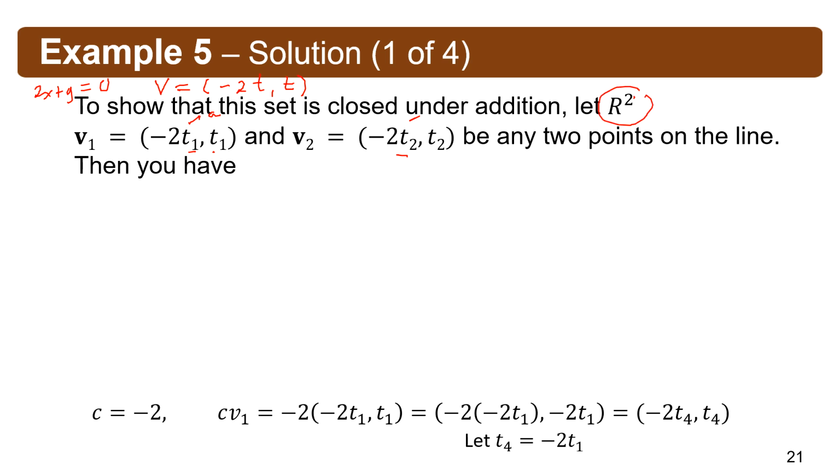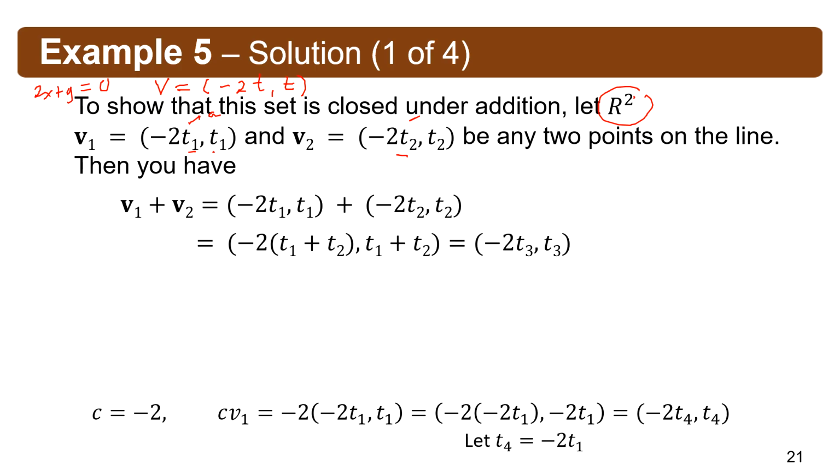So if we add these, then we have negative 2t sub 1 minus 2t sub 2, comma, then t sub 1 plus t sub 2.